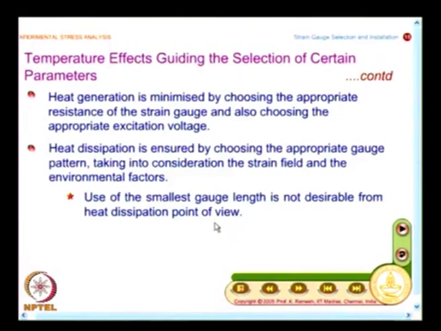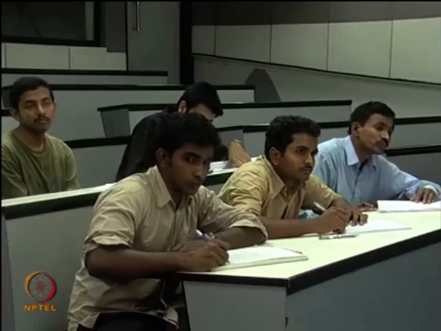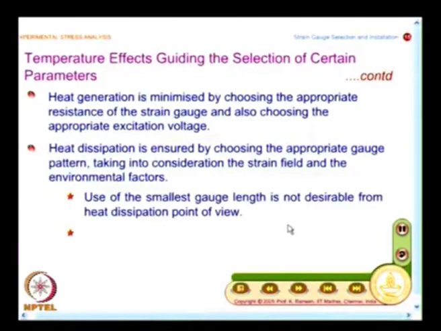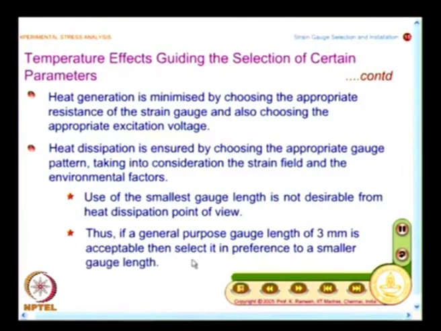So, you may be tempted: I want to do strain measurement at a point of interest, let me go and select the smallest gauge length possible. That kind of an approach is not good when you look at heat generation and heat dissipation aspects. So, if a general purpose gauge length of 3 millimeter is acceptable, select it in preference to a smaller gauge length.